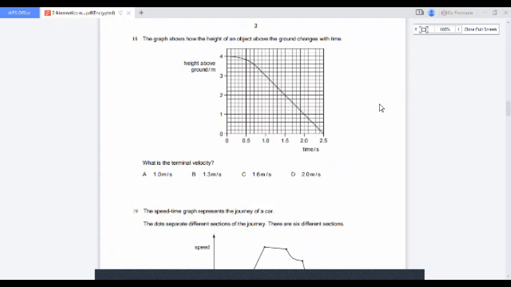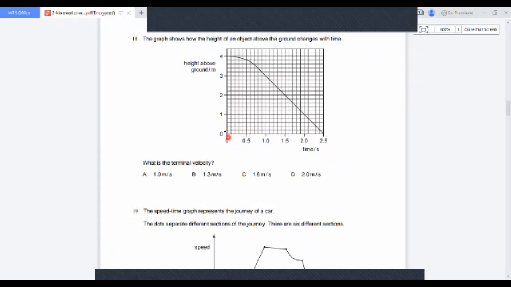Now number 18. The graph shows how the height of an object above the ground changes with time. You can see at 0 seconds the height is 4. At 1 second the height is reduced to 3. At 2 seconds the height is reduced to 1. So let's mark them.